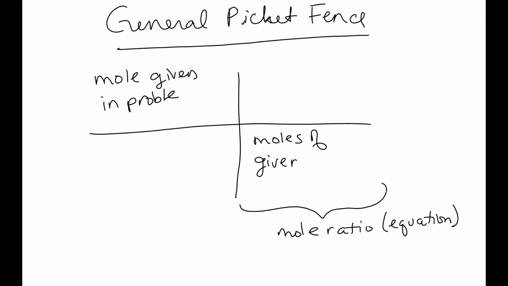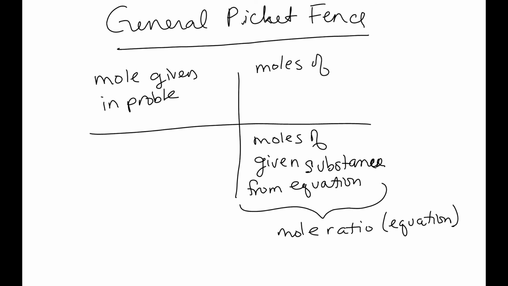So the substance that's given in the problem is what goes down here, but it's from the equation. So moles of given substance from equation goes here, and the moles of, I call it the needed substance, the substance we're looking for, goes up here, and this is also from the equation.